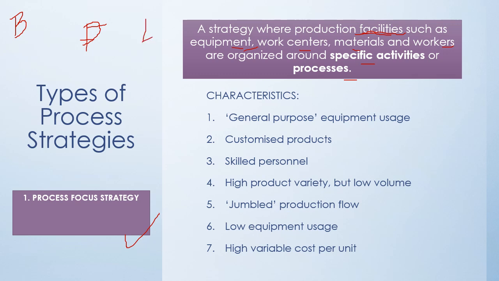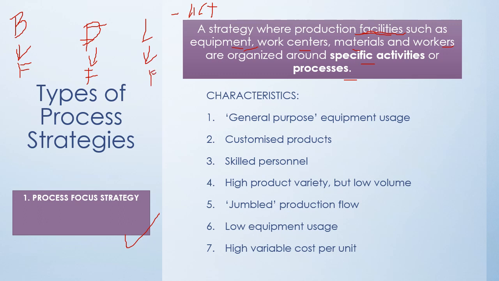So these are called as activities. Ini dipanggil activities. Okay, so facilities for binding. So binding function will have its own facilities such as the workers, equipment, and materials and work centers. Same goes to photostating, will have its own facilities, and laminating job or laminating function will have its own facilities.